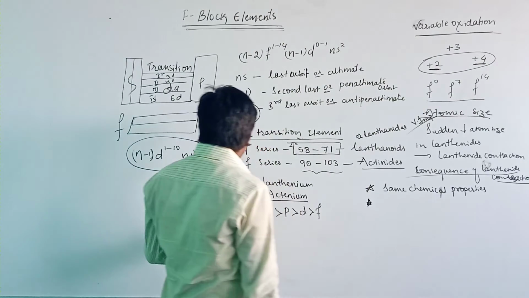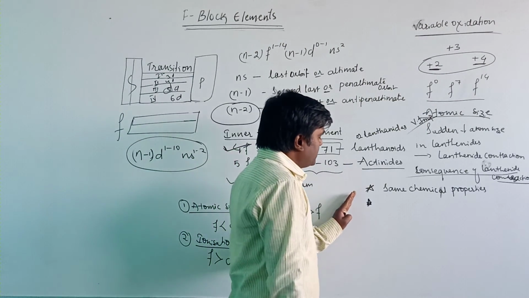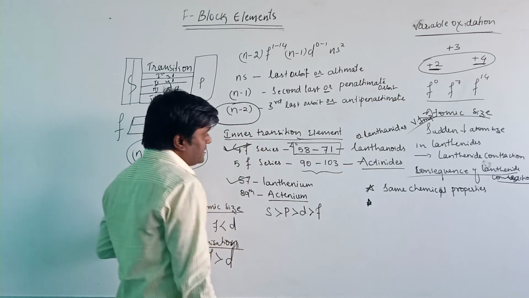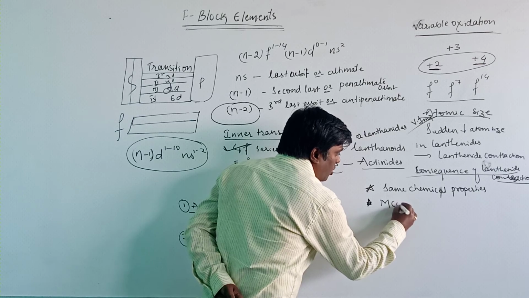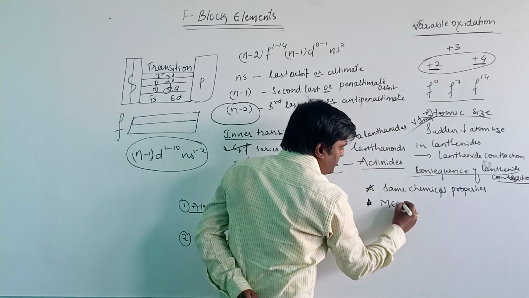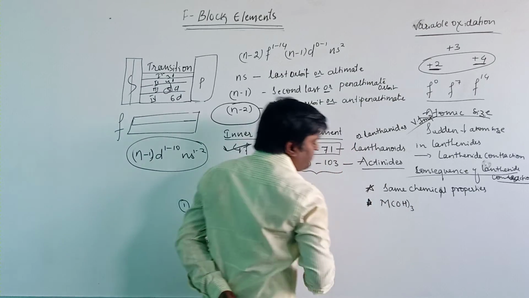When we observe the 4f series elements from left to right, we are talking about the basic character here. Generally, the common oxidation state is +3. Therefore, the basic strength is present in the MOH3 form.